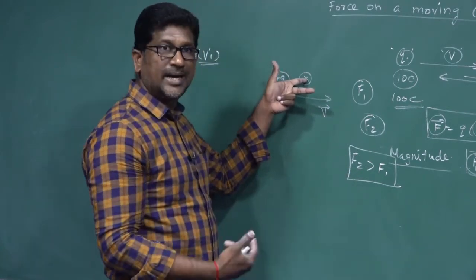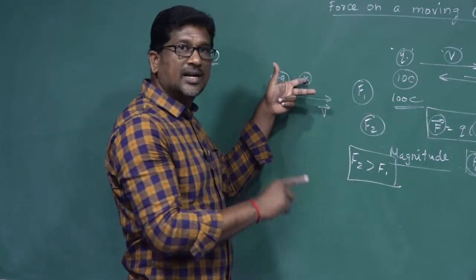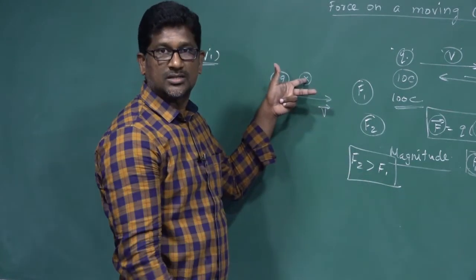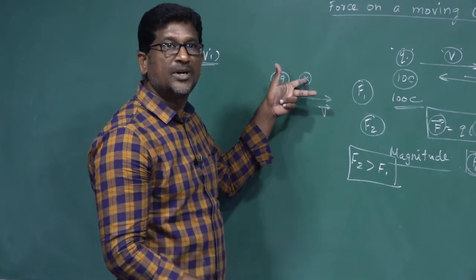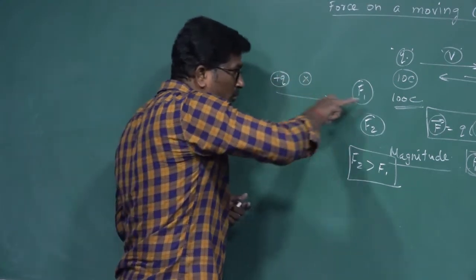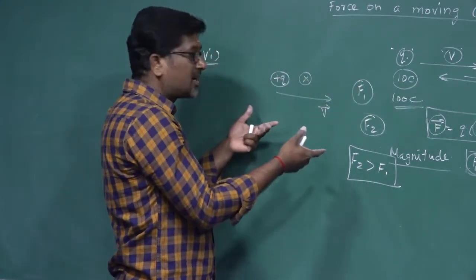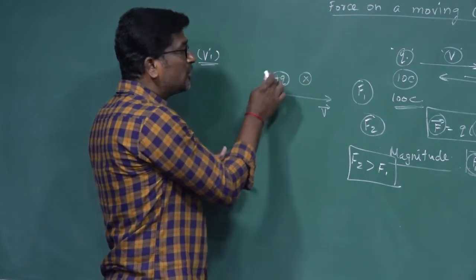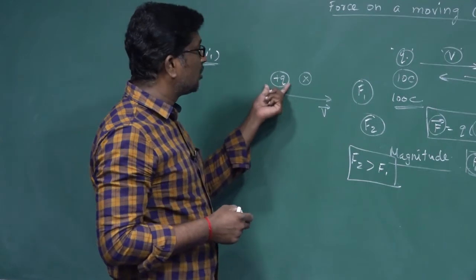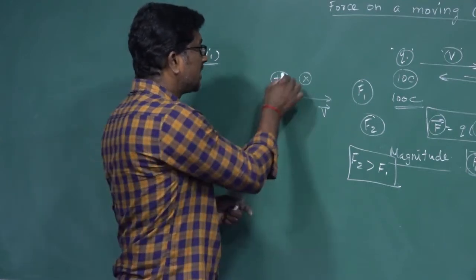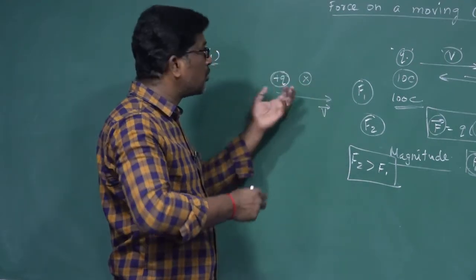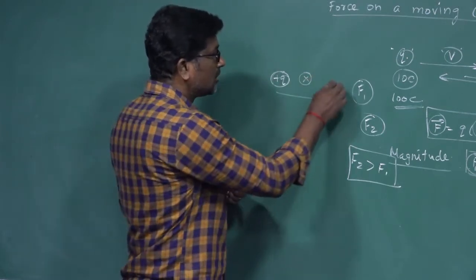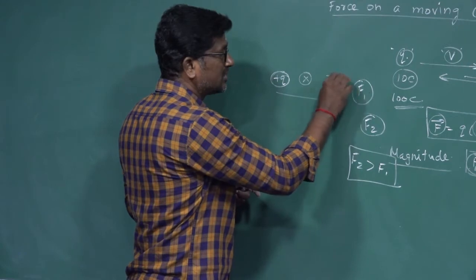By convention, the direction of current is taken along the direction of movement of positive charges. If the positive charge is moving in this direction, the electric current direction is also the same. If it is a negative charge, the direction of current is taken as opposite to the direction of movement of the negative charge. Here the negative charge movement is in this direction, so the current direction is the opposite.